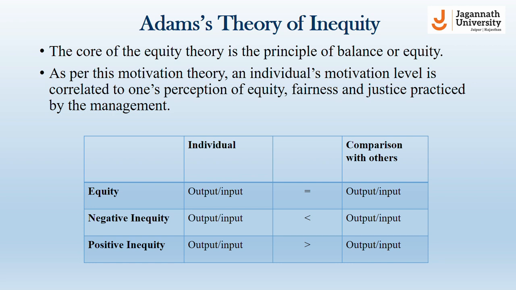Negative inequity is considered when the output or input of an individual is greater than the output and less than the output and input of the other person or other comparison reference, and positive inequity is output or input greater than the output and input of the comparison other.